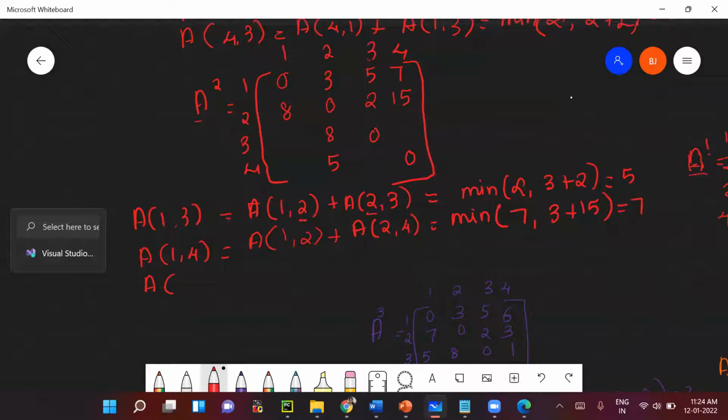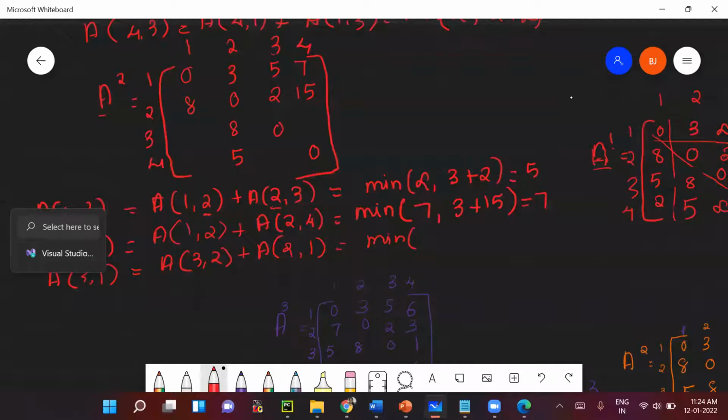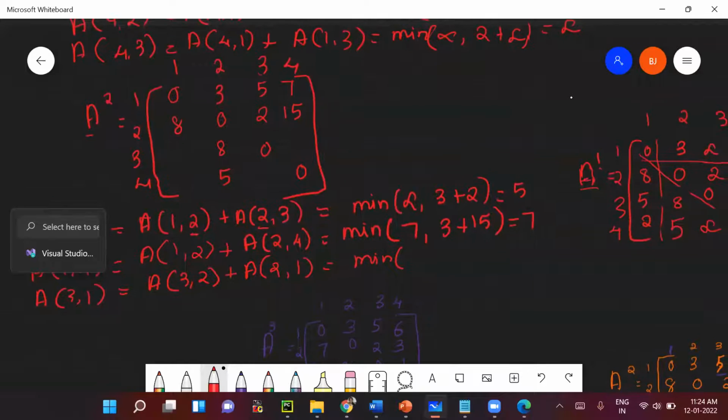Now this cell, 3, 1. Again, for this you will be using the intermediate vertex as 2. So A of 3, 2 plus A of 2, 1. So here also we will be finding the minimum. Anyone, if you have any doubts, you can ask. Whatever value is there from the previous distance matrix, we have to take.